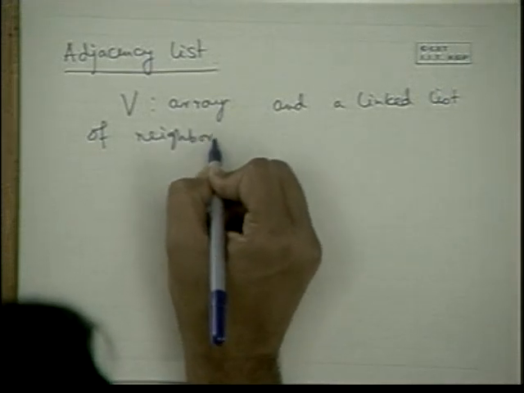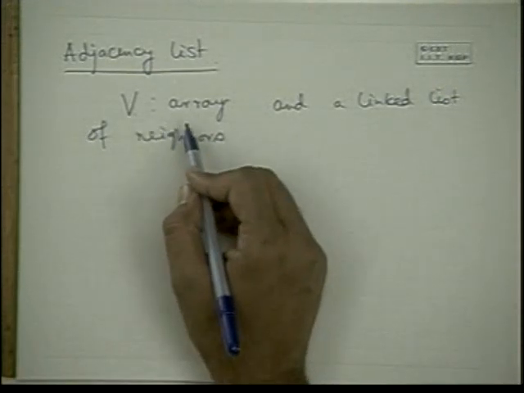Suppose V is an array, so the ith vertex will be represented by the entry at Vi. Now Vi will point to a linked list which will have all the neighbors of the vertex i, that is, all the vertices which are adjacent to the vertex i through an edge.